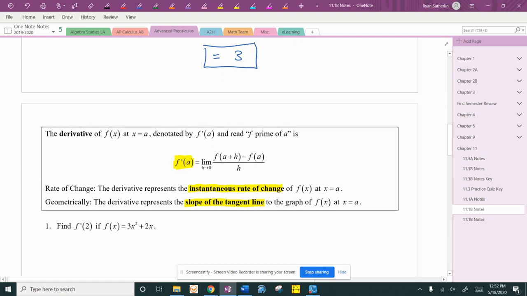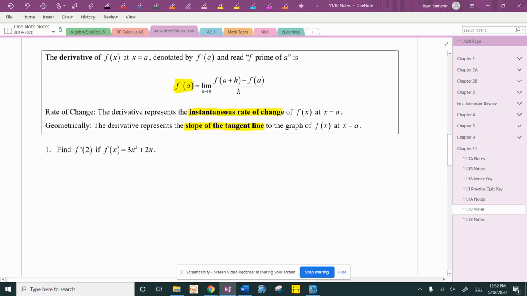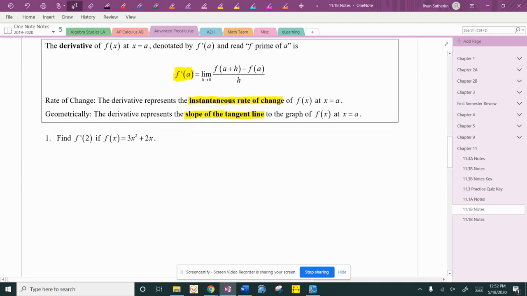So let's see how that works. So example 1, find f prime of 2 if f of x is this function. So f prime of 2 means I'm going to find the limit as h approaches 0 of. Now, since I'm asked for at 2, that is my a value.